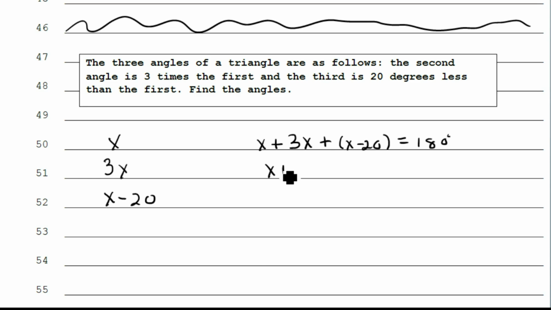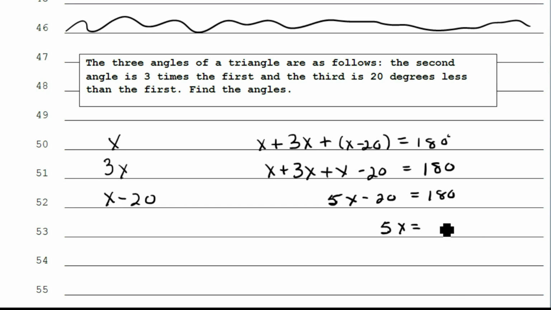So we have x plus 3x plus x minus 20 equals 180. 5x minus 20 equals 180. Add 20 to each side. 5x equals 200. Divide by 5, get x equals 40 degrees.